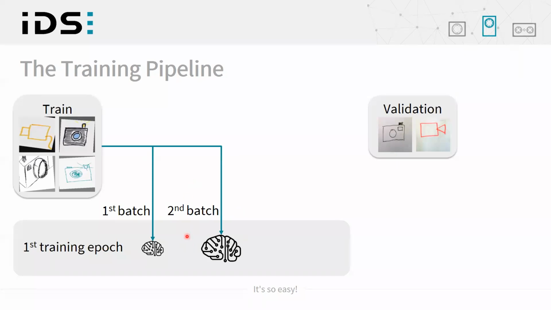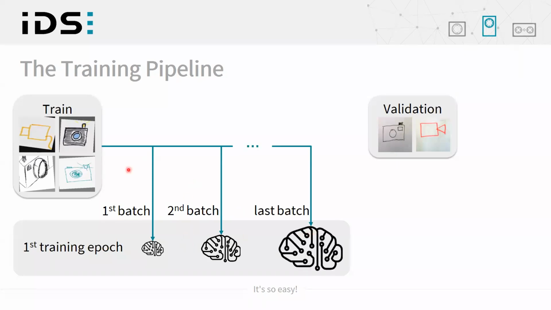This happens again with a second batch, and this goes on until each image has been processed in this training. By that we call the end of the first epoch. One epoch means each training image has been run through the neural network once.